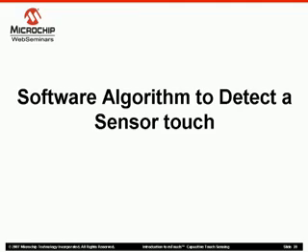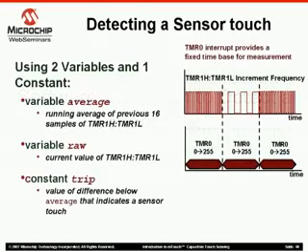The hardware section of our system is essentially completed. We will now move on to the software component. To accurately detect a change in frequency of the relaxation oscillator, 2 variables and 1 constant are used. The average variable keeps a running average of 16 previous samples from the timer 1 registers.